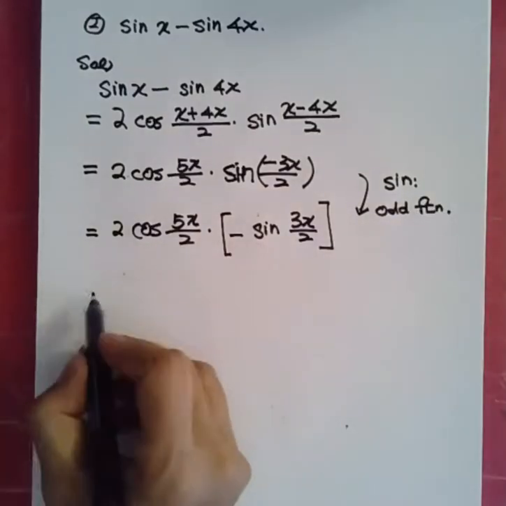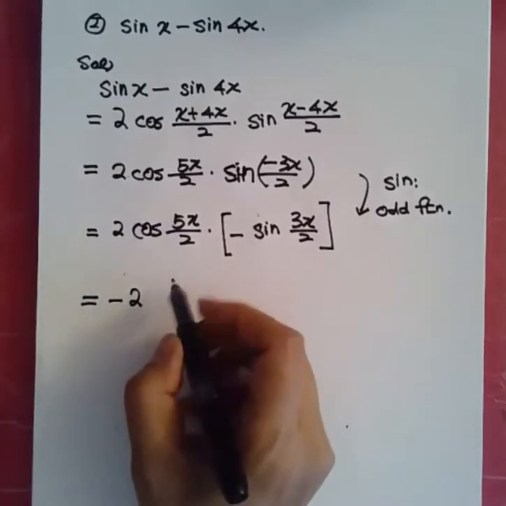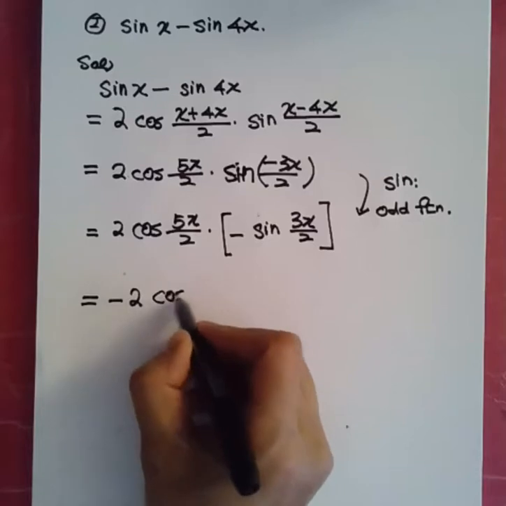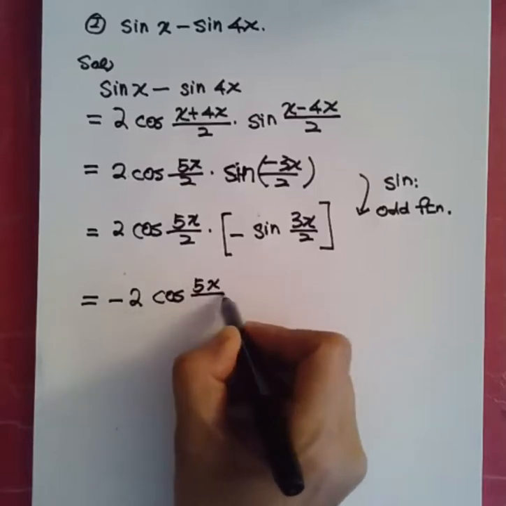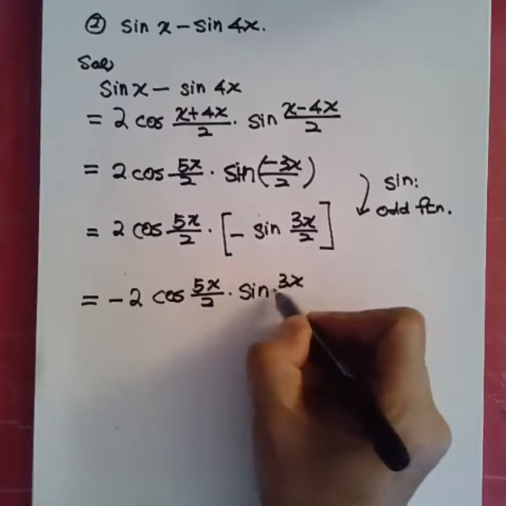Those are multiplied, so we can put minus in front of everything. So minus 2 times cosine of 5x over 2 times sine of 3x over 2.